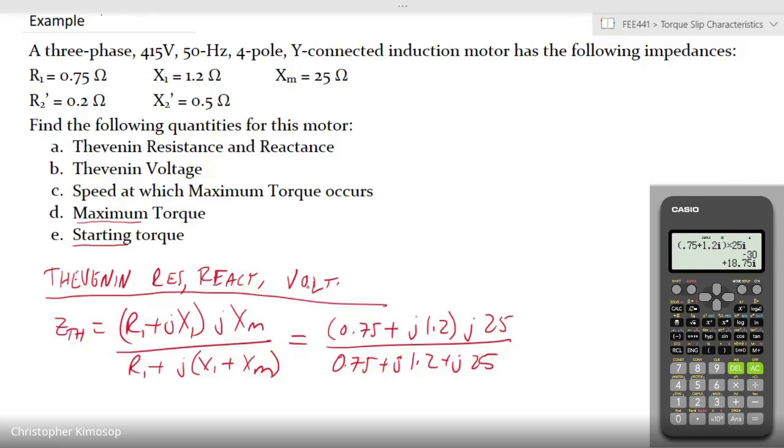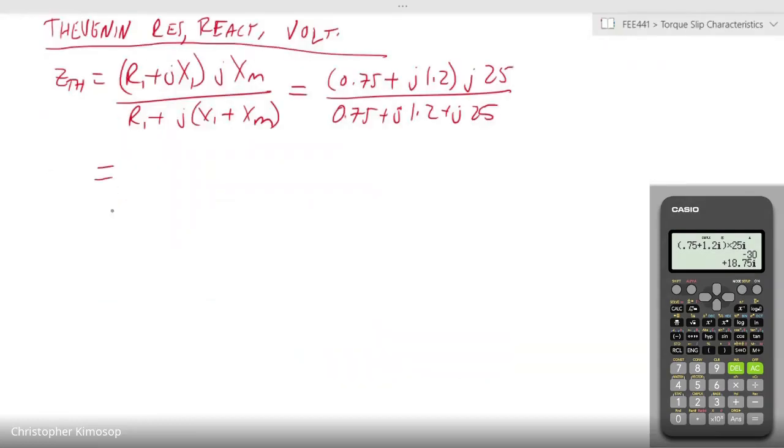So it's minus 30 plus j18.75 over, let's get the other part, which was 0.75 plus 1.2j plus 25j. It gives us 0.75 plus j26.2.